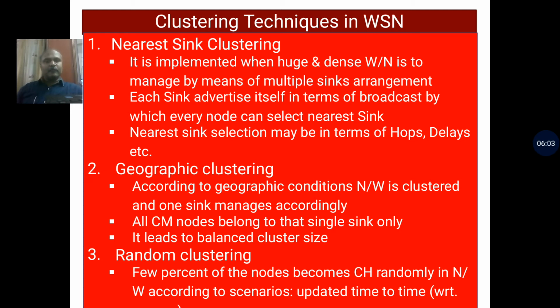Any random node can become cluster head and any cluster member can become cluster head according to the energy available. If sufficient energy is not available, then the role of cluster head is shifted to another cluster member.